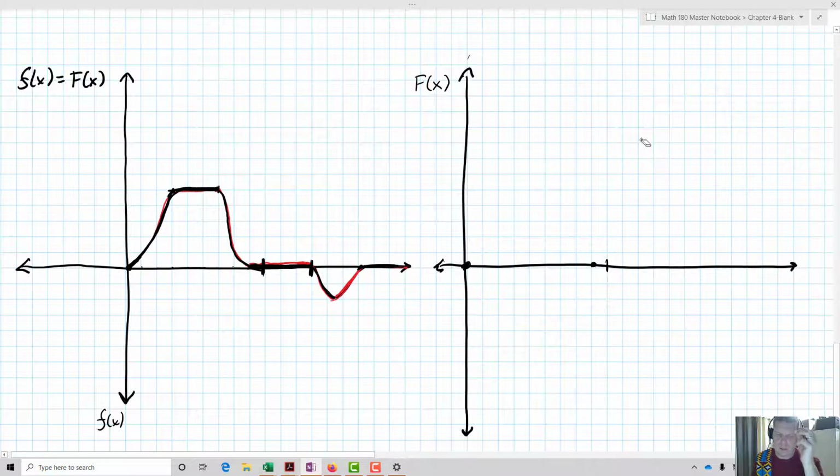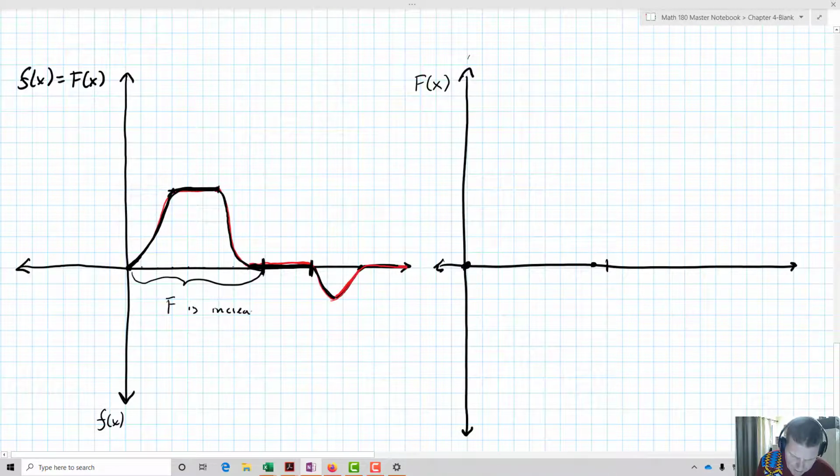Let's take a look at this function. It's a bit more complicated, so we want to take a look at some different features. From 0 to 9, we have 1, 2, 3, 4, 5, 6, 7, 8, 9. What we'll see is that the function is in fact increasing in some way or another. So here big F is increasing, and that's because little f is positive.